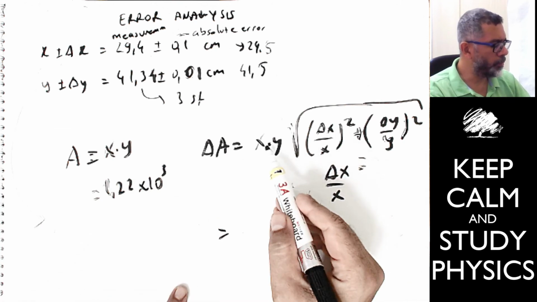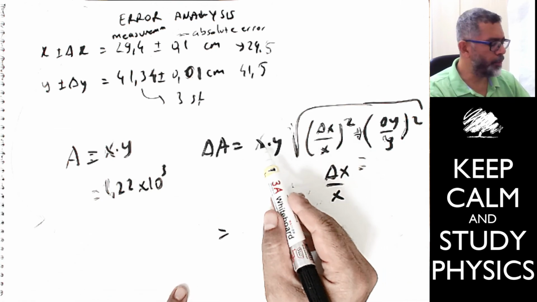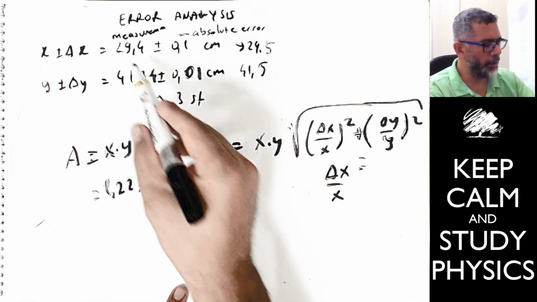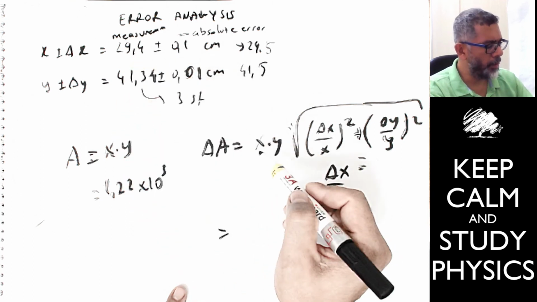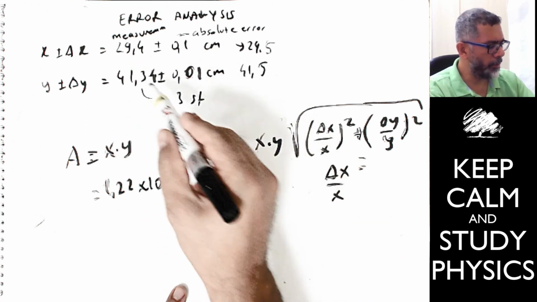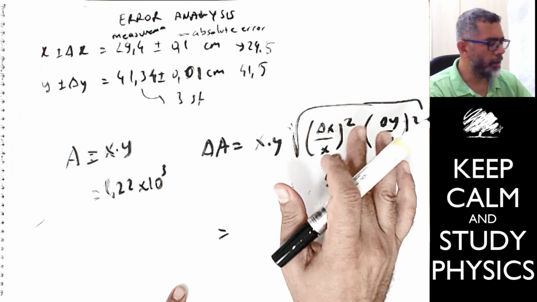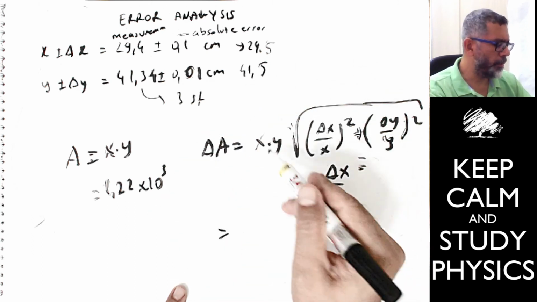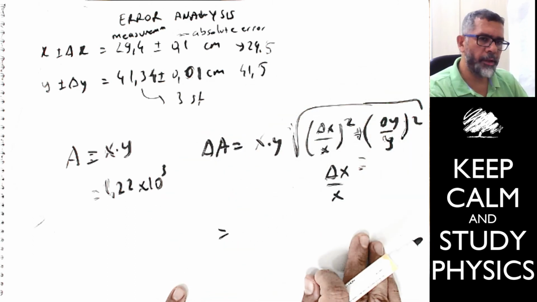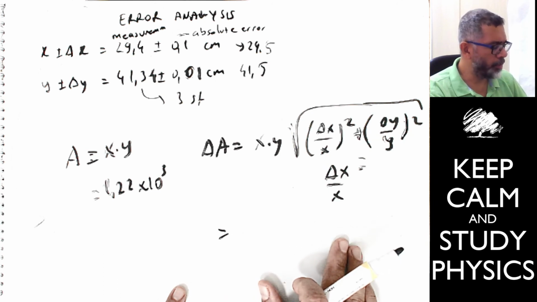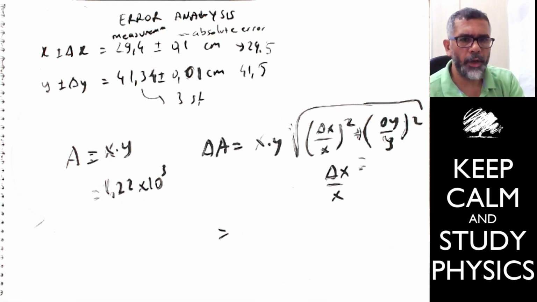Don't round while putting these numbers over here. Don't round off x while you are putting in y over here. Use all the exact numbers, find the result, and then do the rounding off. Okay, so I will just calculate this.